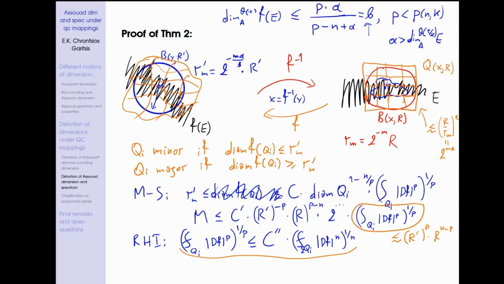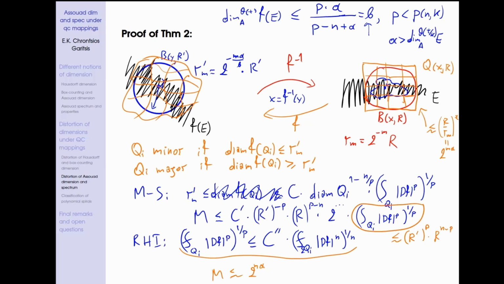And this is true, first of all, because of all Qi's lying in Q(x,r). And once we have that, we actually will have some estimates. And by definition of all the exponents alpha and beta, we in fact get a bound involving just 2 to the m times alpha times some constant that depends only on p, n, and f. And now we have bounded the number of all major cubes that appear.